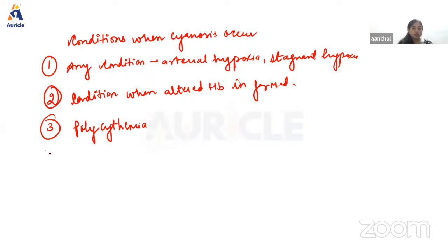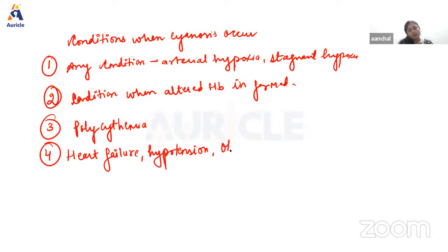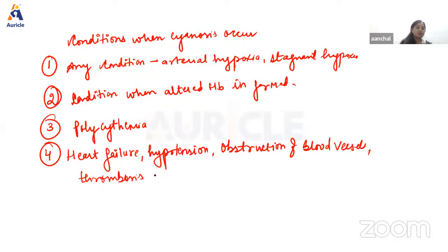Also this cyanosis can develop during conditions like heart failure, hypotension, obstruction of blood vessel, then in conditions like thrombosis, usually in deeper veins.